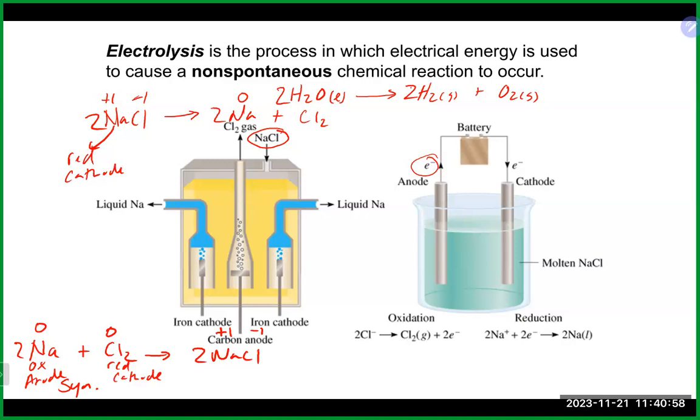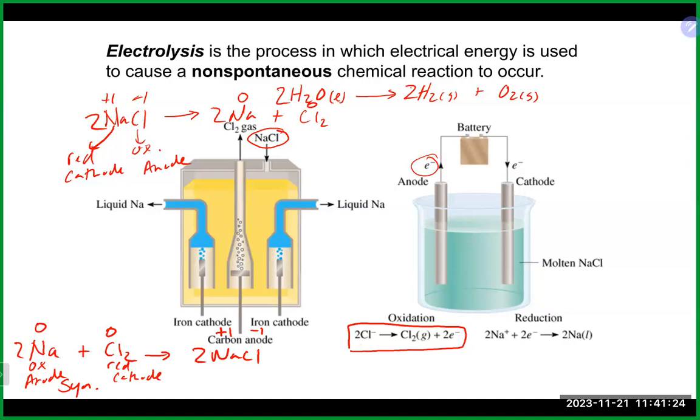And our chlorine is going from -1 to 0 on this side, and that is being oxidized, and that would be our anode. Sometimes when people do electrolysis problems, they think of the reaction the wrong way. They think of it as making the sodium chloride, in which case your anode and cathode would be switched.